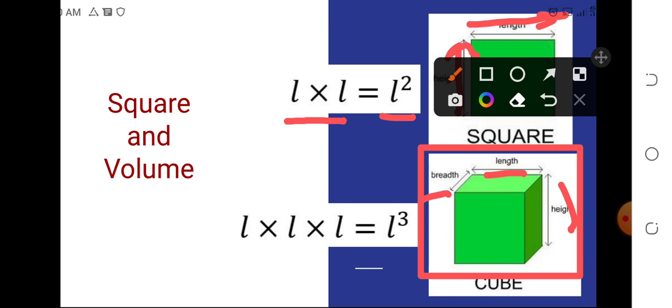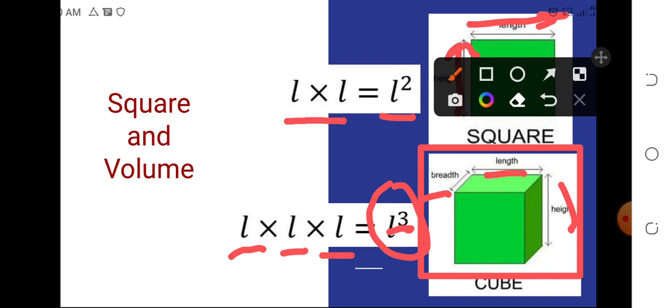So volume is equal to L into L into L. It means L cube. So volume is equal to L cube, you can see cube over here.